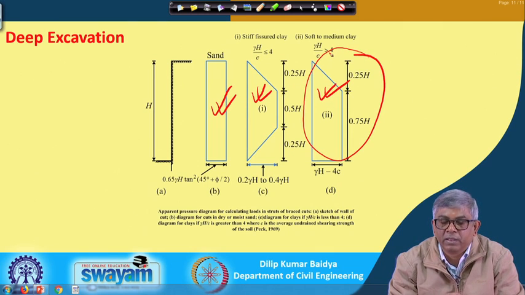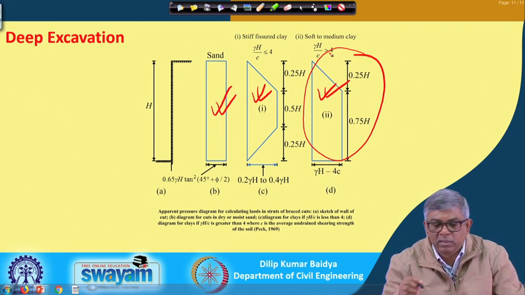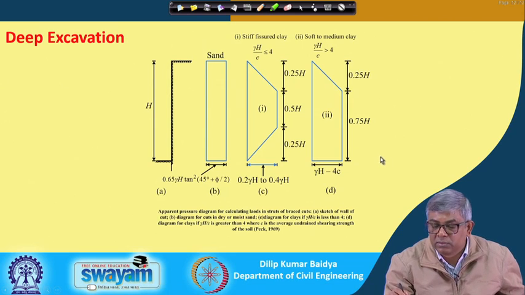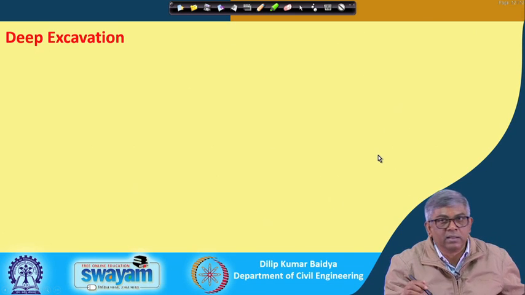Okay. So, we have to pick this, and based on this, first of all you have to draw the pressure diagram, and then find out the loading in the strut. So, let me go to the next slide. I have kept the next slide blank, and I will draw first and then do that.